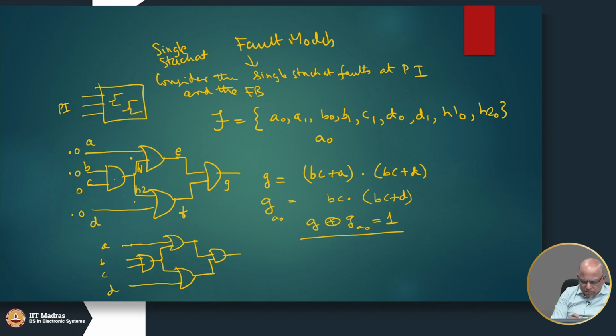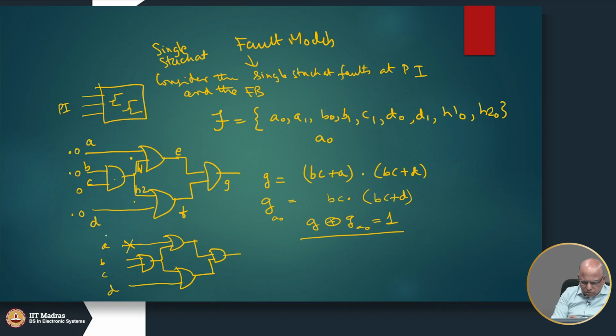See, what is the fault we are considering? We are considering the fault A stuck at 0. What should I apply at A which will make sure that G and G of A0 are different? See, the fault is A stuck at 0. So, if I apply a 0 here, it is no use, because it will cause both the faulty and the good circuit to behave in the same way. So, we have to somehow distinguish.